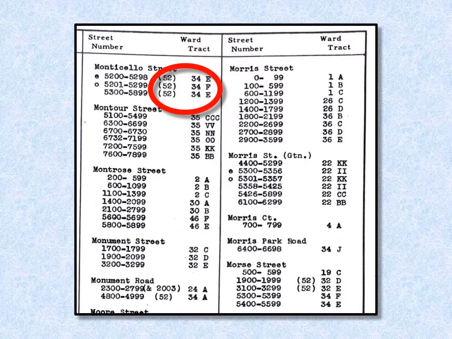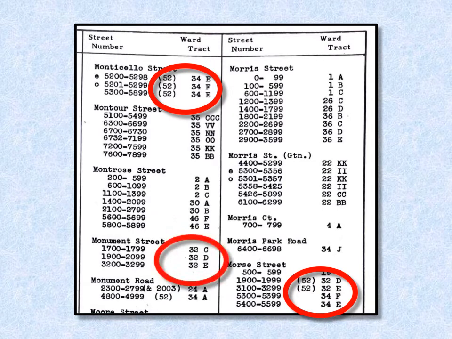So therefore, if you look down to Moore Street, down here, we should see 52 on 34E and 34F. We don't. Instead, we find that 52, the new ward 52, put against the 32D and 32E. That is not correct, because you can look over to the left on Monument Street and see again there's no 52 there.